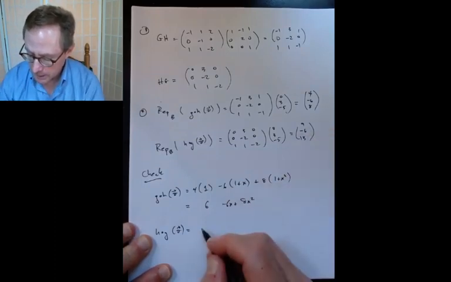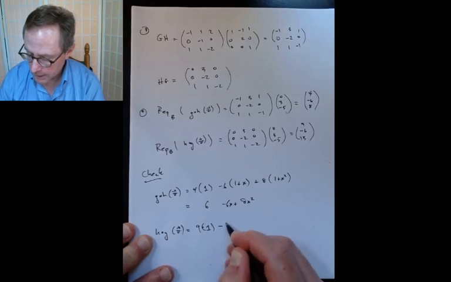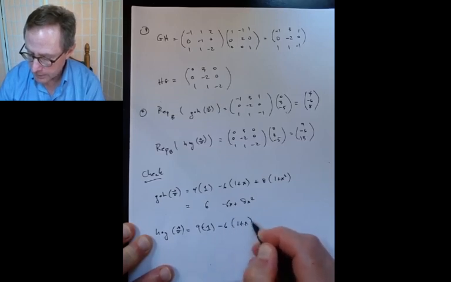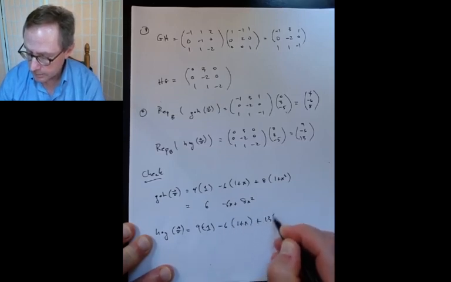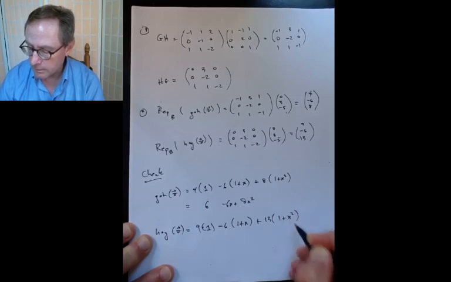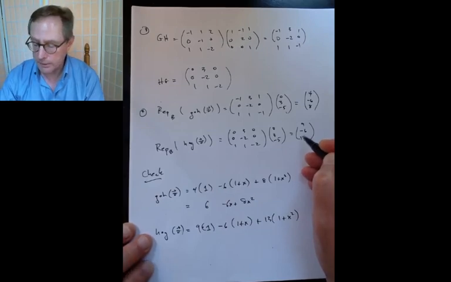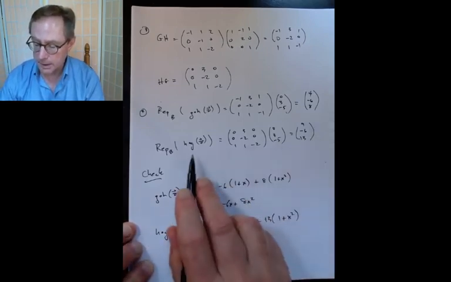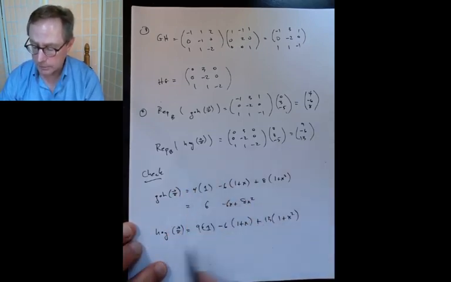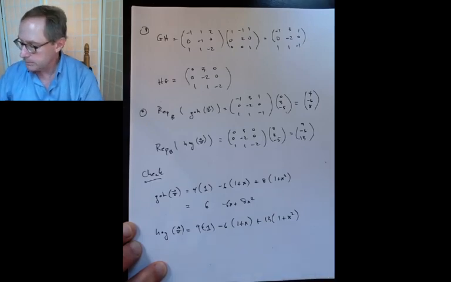And then the other one, H circle G on V. So it's supposed to be 9 times the first basis vector minus 6 times the second basis vector plus 13 times the third basis vector. So this represents, with respect to the basis, this thing, and I'm doing a verification that I do get what I'm supposed to get. What am I supposed to get, by the way?